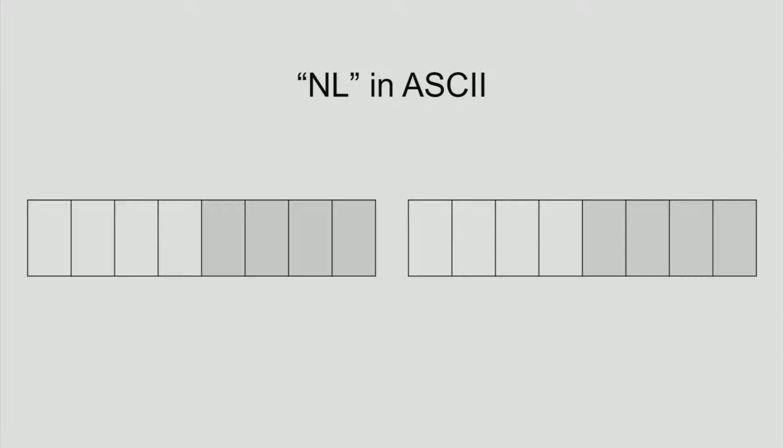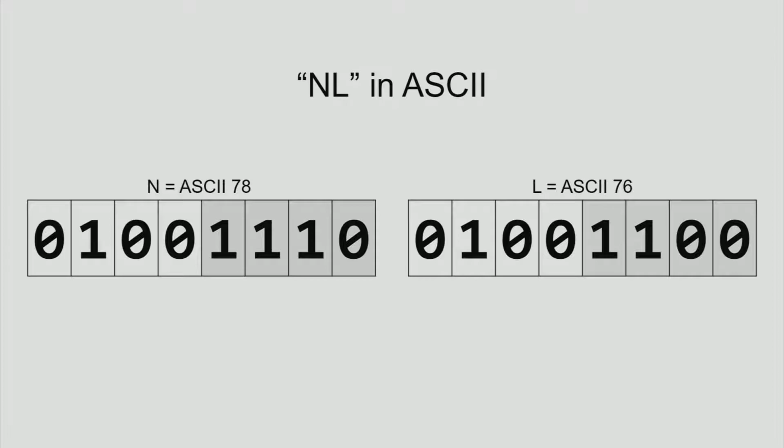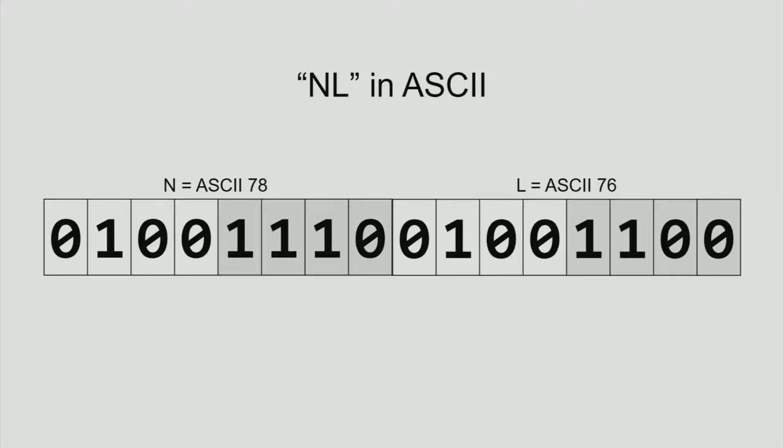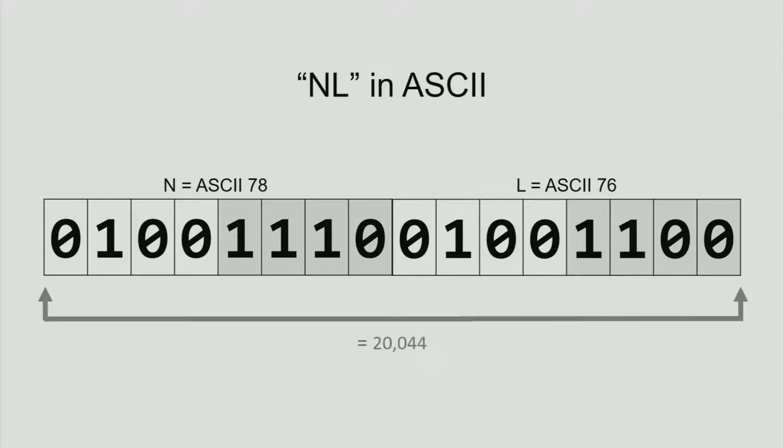Because if you write NL in ASCII, N is 78 and L is 76. Now you have the bit representation here, but if you combine these bytes together, this is 20,044. This is not the best idea, because if you assign different numbers, this is the Chinese Wu character.